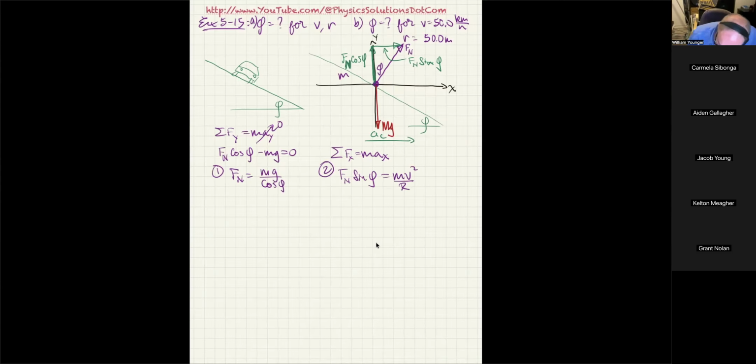So if I plug 1 into 2, I get mg over cosine phi times sine phi is equal to mv squared over r.